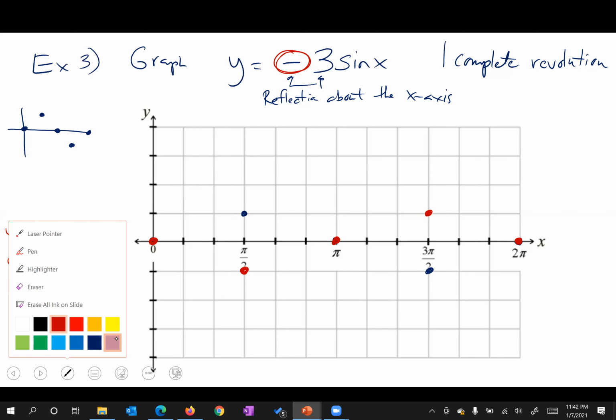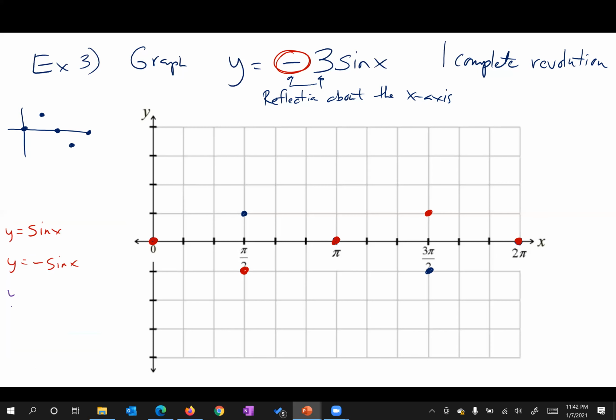And let's see, purple. Let's go with purple. And then finally, I'm going to add in my 3 value in here. So all these little red dots are going to get stretched along the y-axis by 3. Notice the ones that are actually on the 0 marker, they don't move. They don't get stretched because they're right at the center.